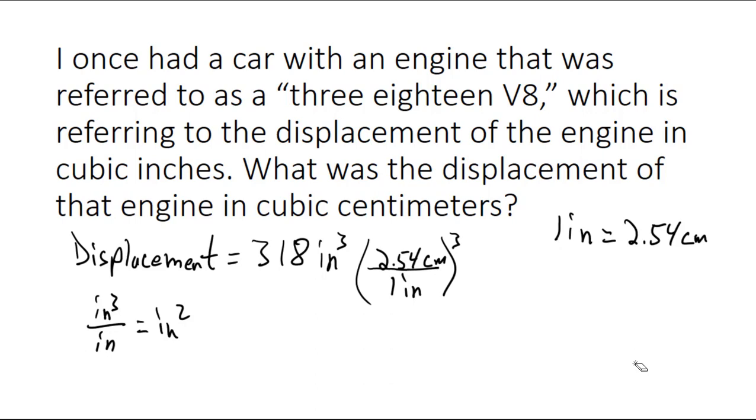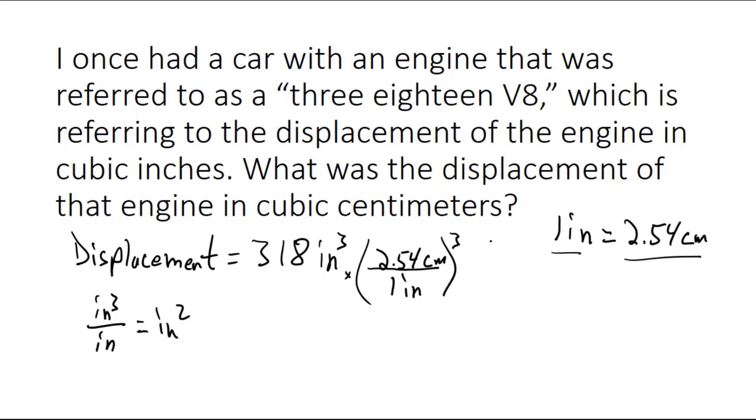By the way, because 1 inch equals 2.54 centimeters, what's inside the parentheses is just 1. No units, no nothing, it's just 1. And when you cube 1, you still get 1. 1 times 1 times 1 is 1. Okay, so I'm multiplying that through there.